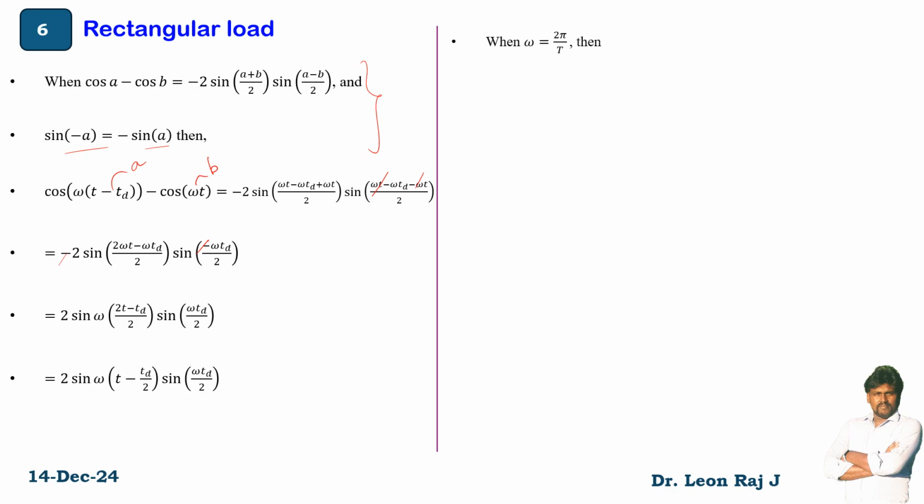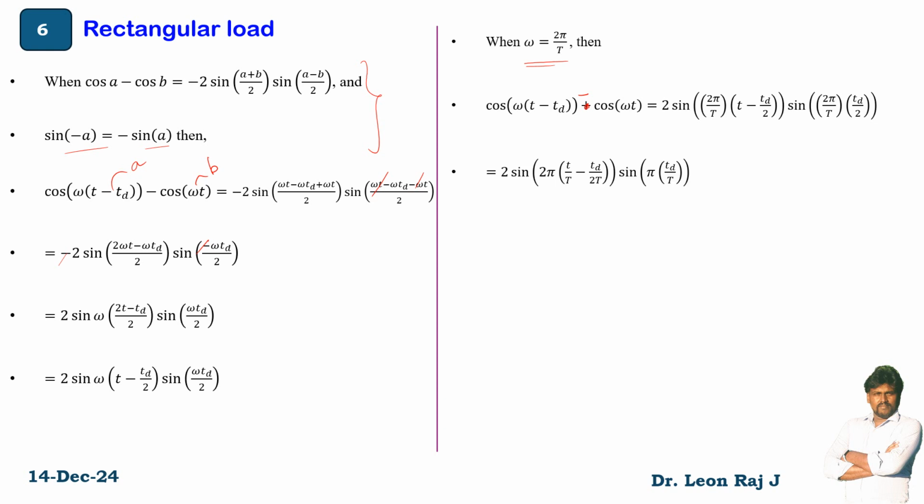When omega equal to 2 pi by T, just substitute. This is cos omega t minus td minus cos omega t, equal to 2 sine 2 pi by T into t minus td by 2 into sine 2 pi by T into td by 2.